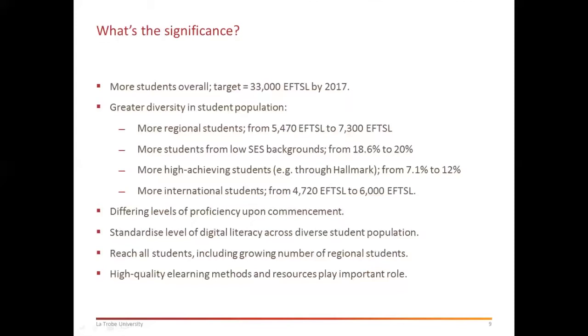So even though it says that the target is to go towards 33,000 equivalent full-time study students, there are actually many more individual students in that headcount. If you took, say, 3 part-time students whose enrolment brings them up to a total of 1 full-time study load, they count as 1 student, but they are actually 3 different individual people. So just to explain that.